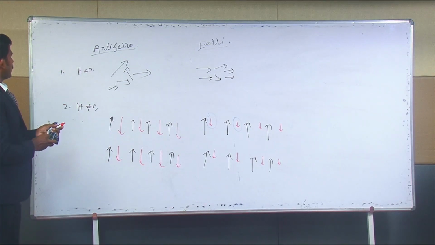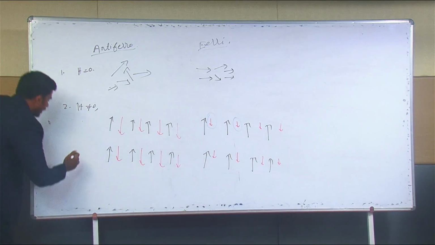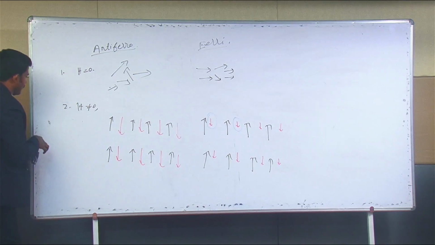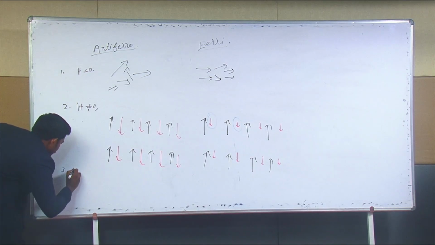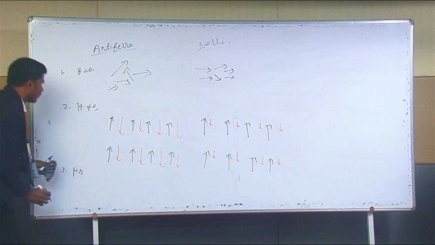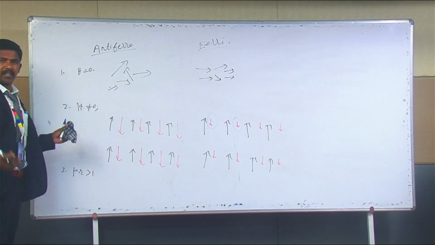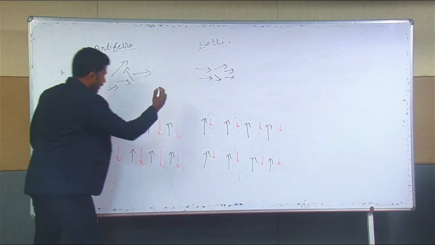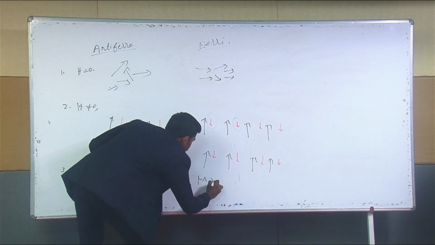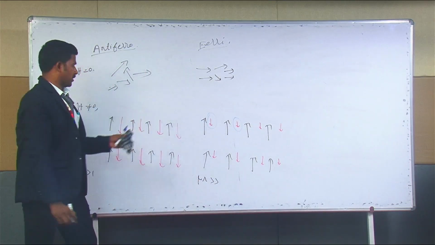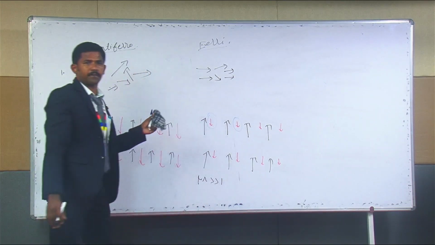Here the relative permeability is greater than 1, but very meager, very feeble, whereas here mu r is much greater than 1, in the order of 1000 or more.